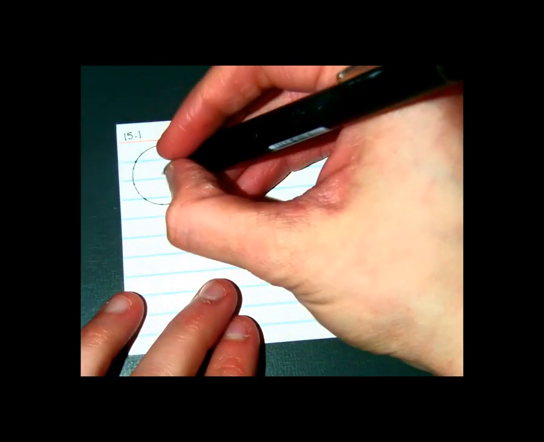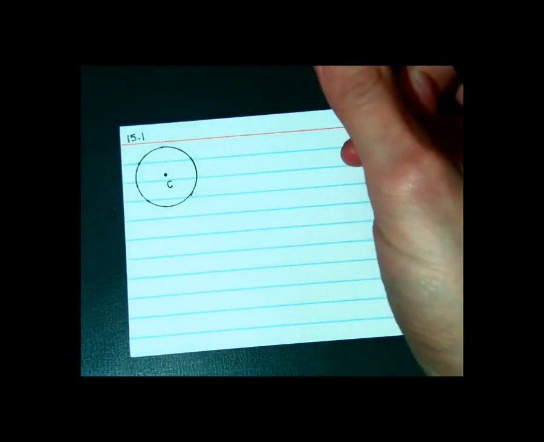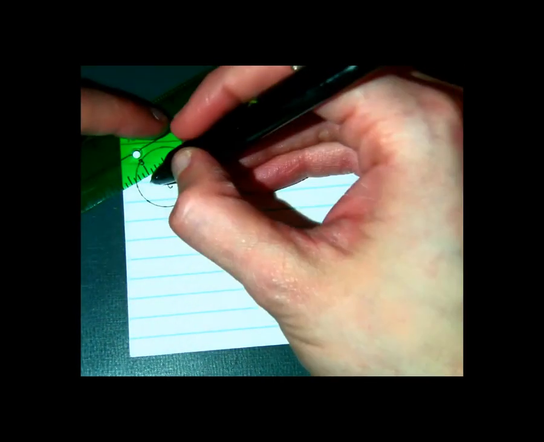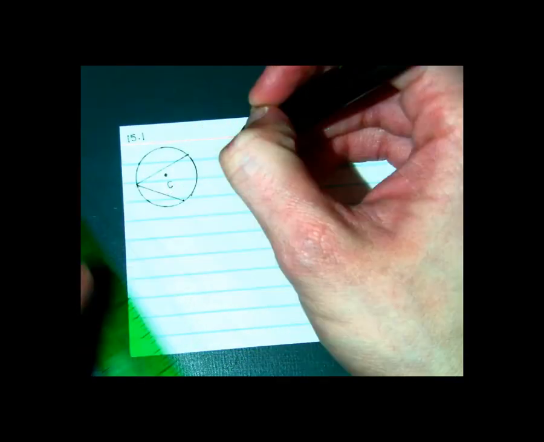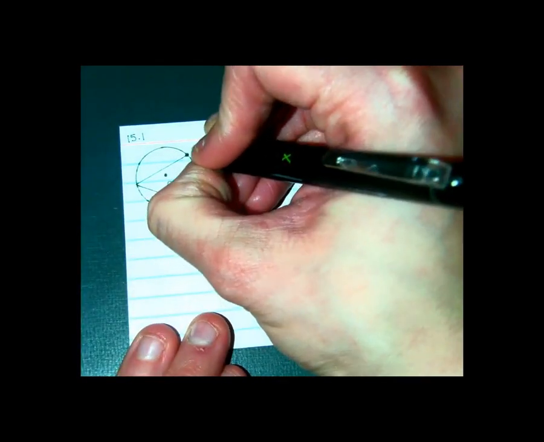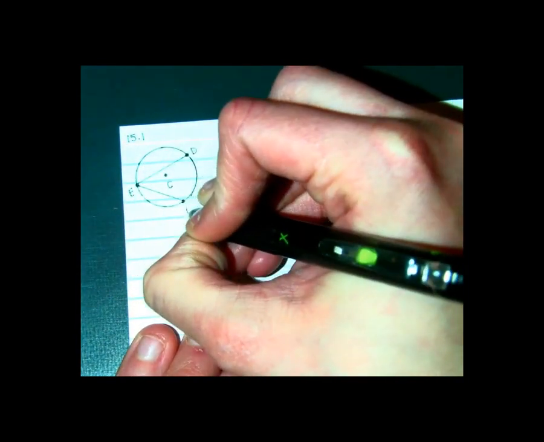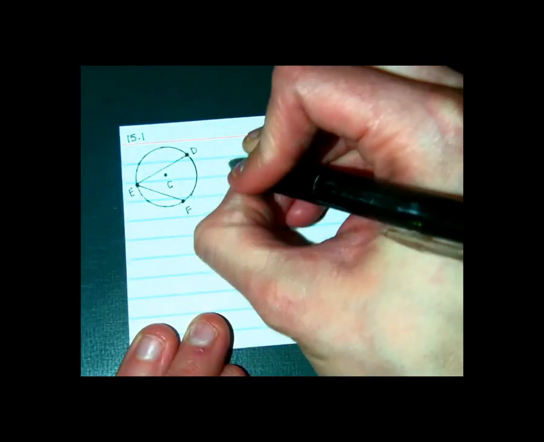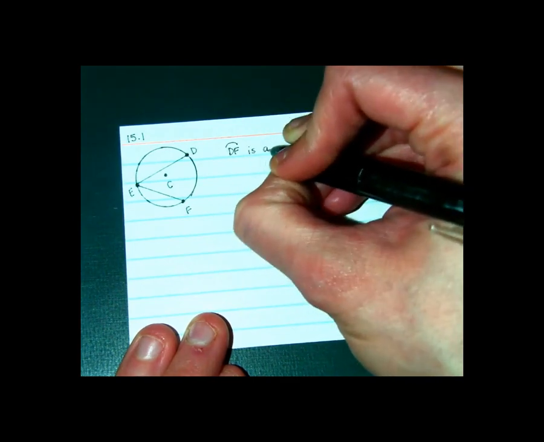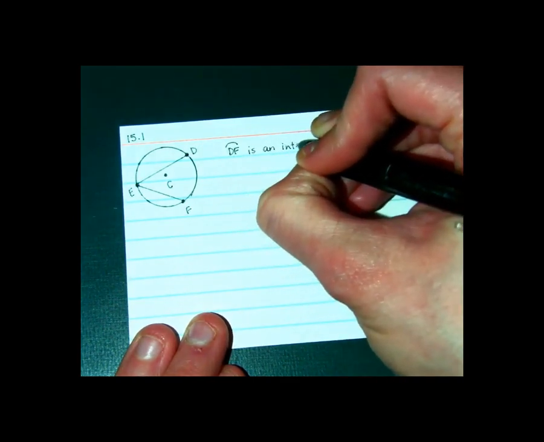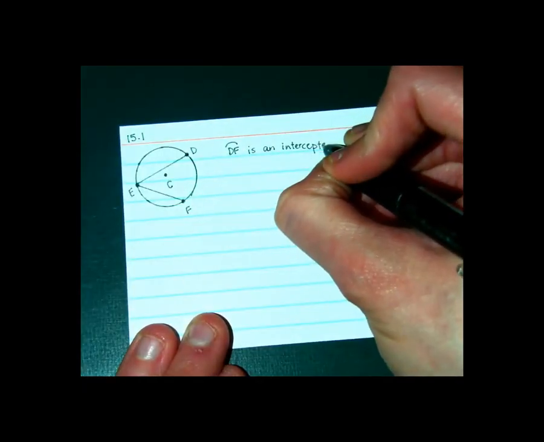You then need to draw the exact same picture, or close to it, that we had just a second ago. Because while DEF is an inscribed angle, DF is an intercepted arc. Because it's been intercepted by these two segments that have a name, and we'll talk about it in a minute.